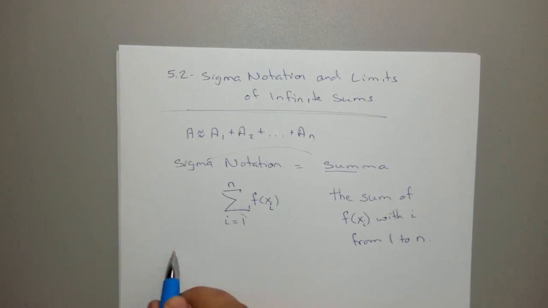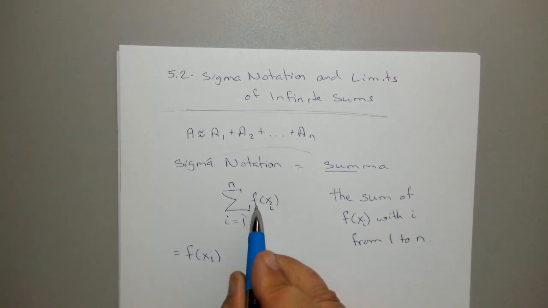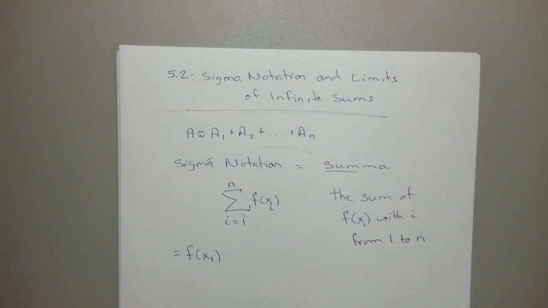What this thing tells me to do when x is 1: I would take my first x, put it inside my function, work it out. Then I would add my second x, then my third x, and keep on doing that until I get to my last x as my input.